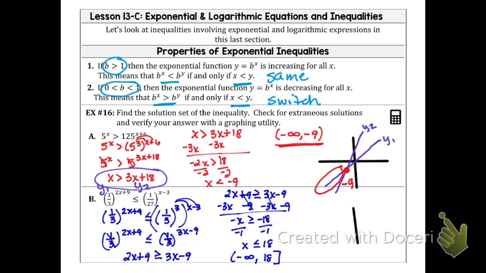Now, to verify this graphically, I'm going to graph my inequality here. So I'm going to put 2x plus 9 in y1, 3x minus 9 in y2.